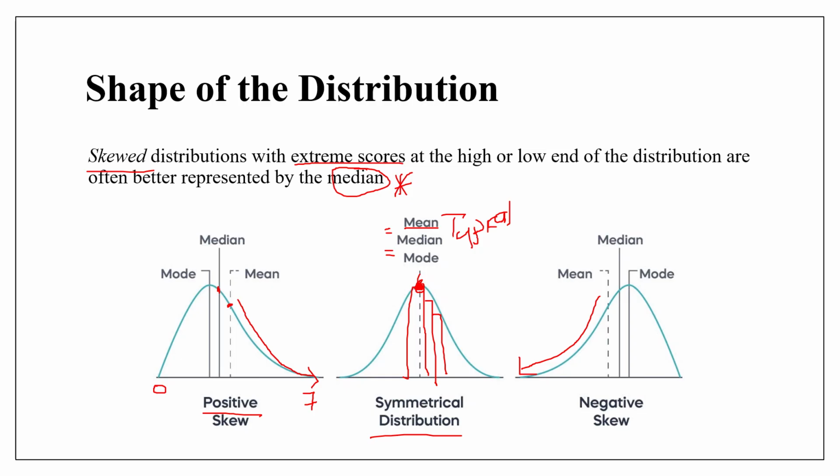If we have to label these, this is probably around maybe a 4, and this is going to be more like a 5, right? So the mean is going to be greater than the median. This is going to be very important for you to remember. So again, the mean is going to be greater than the median.